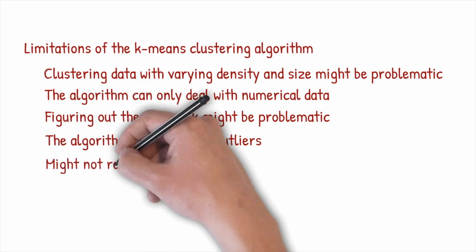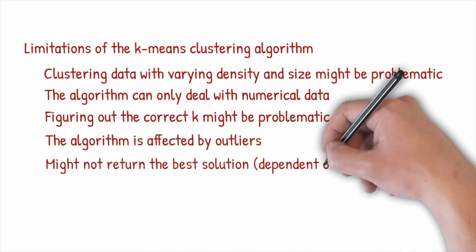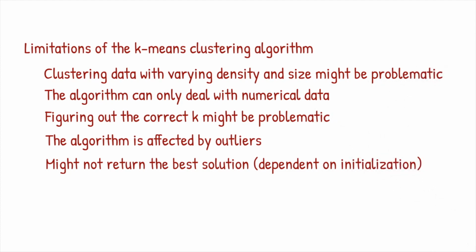The K-means clustering algorithm might not return the best solution because it depends on the initialization. As we know, the K-means clustering algorithm starts from a random initialization and searches for a local optima. The best solution is not guaranteed by K-means clustering algorithm. Of course, one can run the K-means clustering algorithm multiple times for a better solution.